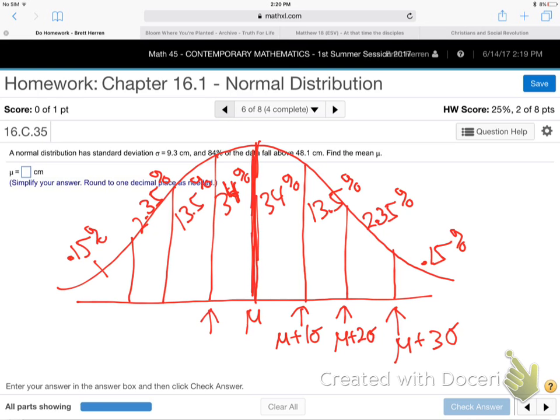Then on the left, it's going to be mu minus 1 sigma, mu minus 2 sigmas, and mu minus 3 sigmas, those lines. It's how many jumps right and left from the middle. Right 3, left 3. Is that making sense?